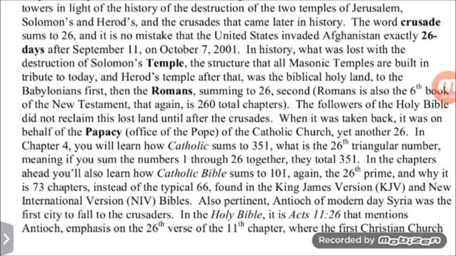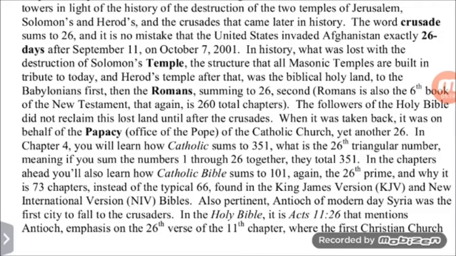A triangular number, meaning if you sum the numbers 1 through 26 together, they total 351. In the chapters ahead, you'll also learn how Catholic Bible sums to 101, again the 26th prime, and why it is 73 chapters instead of typical 66 found in the King James Version, KJV, and New International Version, NIV, Bibles.